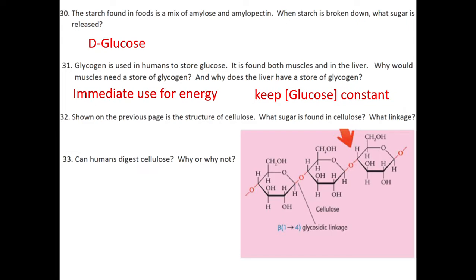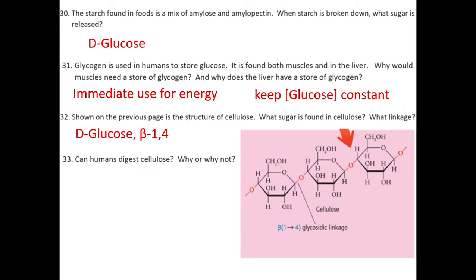So it also exists in plants, and the function of cellulose is to keep the structure of plants, so that the plants can be strong, can be stiff, can keep their structure. Okay, so what sugar is found in cellulose? Let's look at this sugar. Well, it is a D-glucose, and the linkage is beta 1,4. It is beta 1,4.